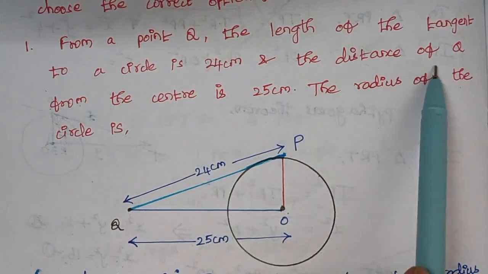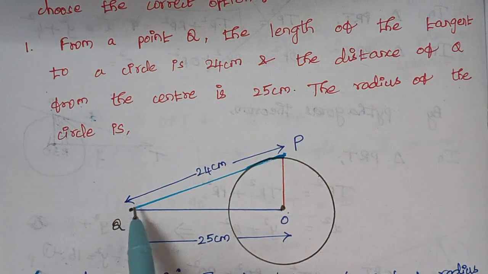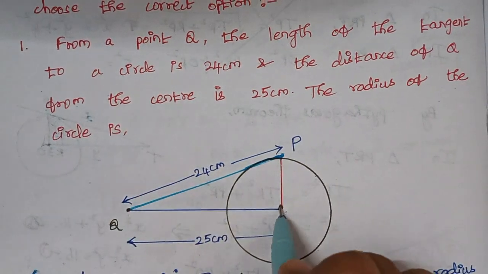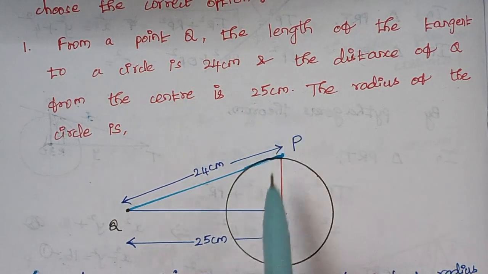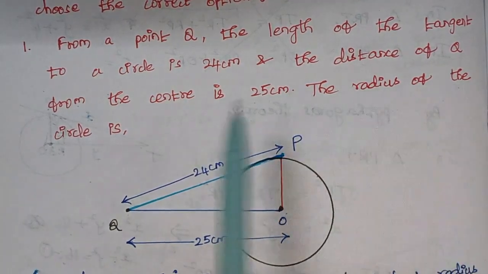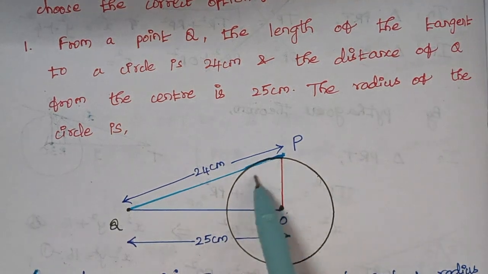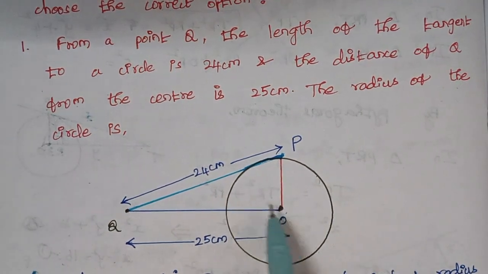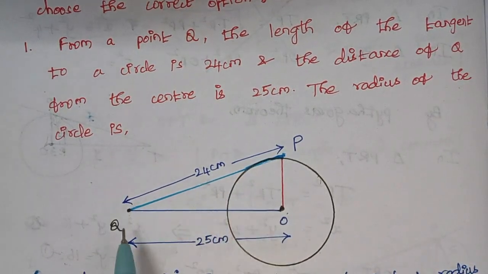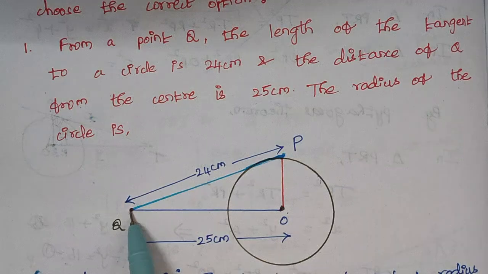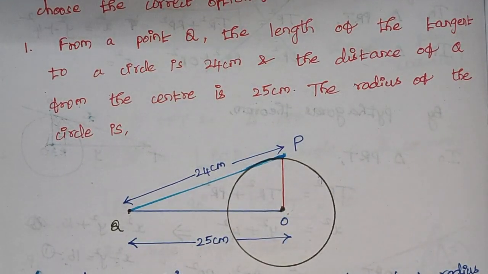Then the distance of Q from the center, it is 25 centimeters. We have to find the radius. So this is our circle with center O and QP is the tangent. Its value is 24 centimeters and the distance from point Q to the center is 25. So we have to find the radius.